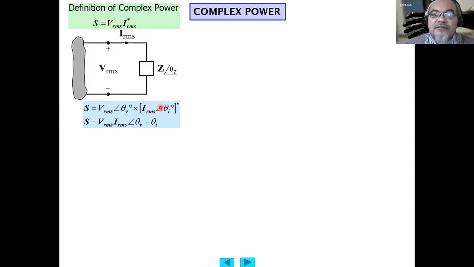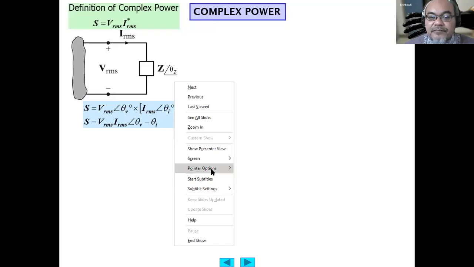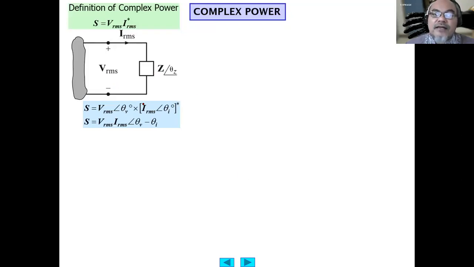So this equals IRMS with a phase angle of minus theta I. The magnitude is still the same, IRMS, but the phase angle will be the negative of the original phase angle. This is the conjugate in complex analysis.